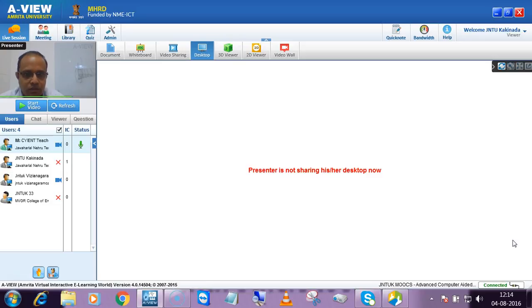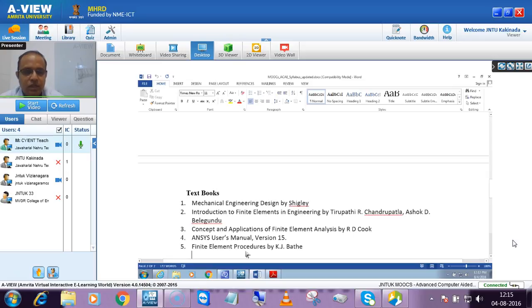So these are the different books which you can refer to for finite element knowledge. One important book here is Mechanical Engineering Information.